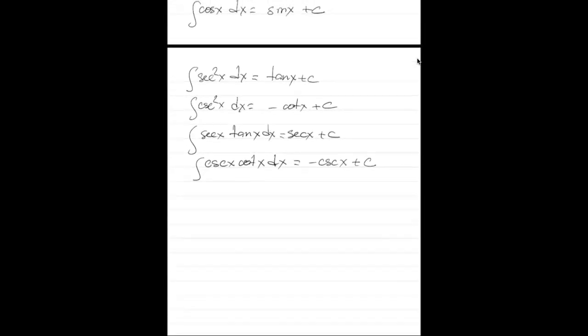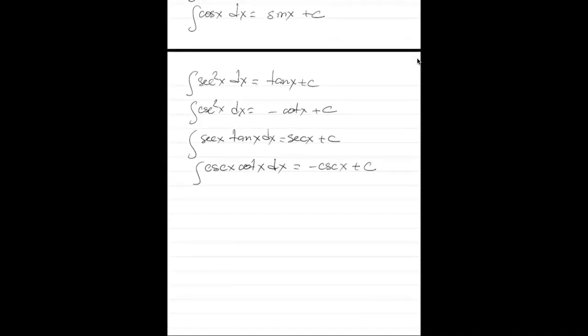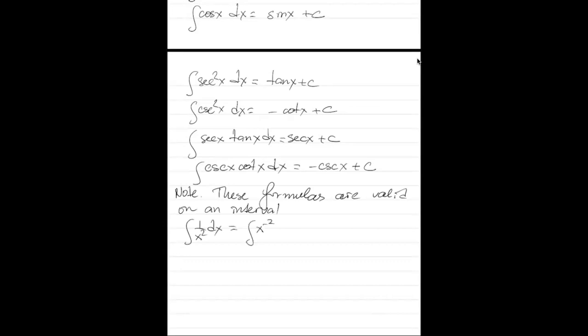Note, these formulas are valid on an interval where the function is continuous. For example, integral 1 over x squared dx is equal to integral x to the negative 2 dx.